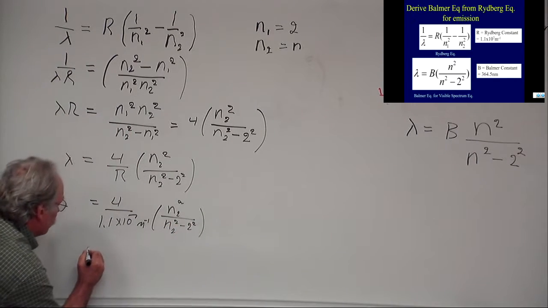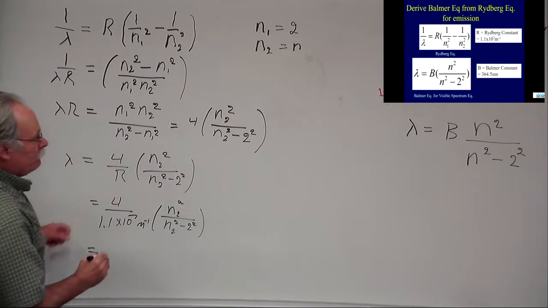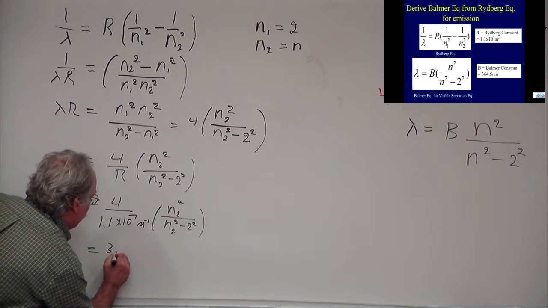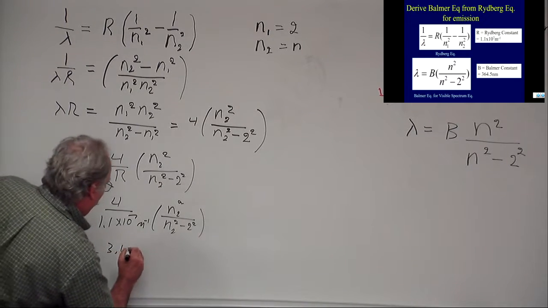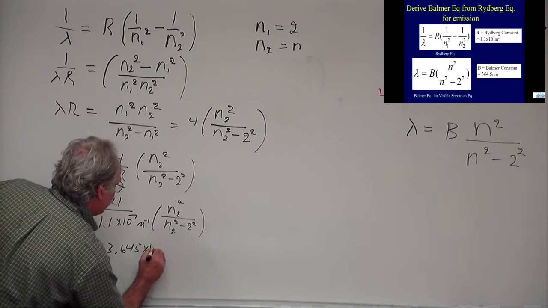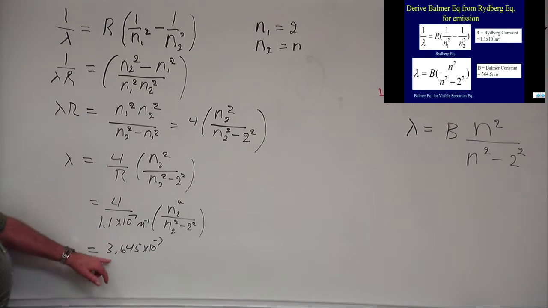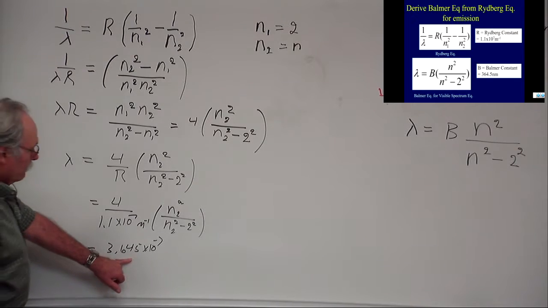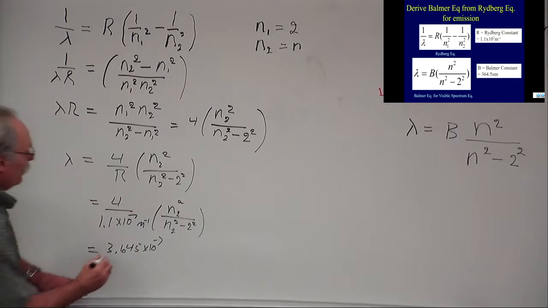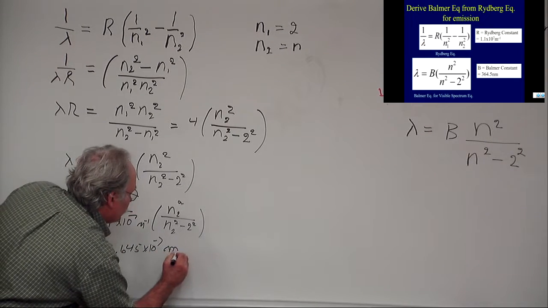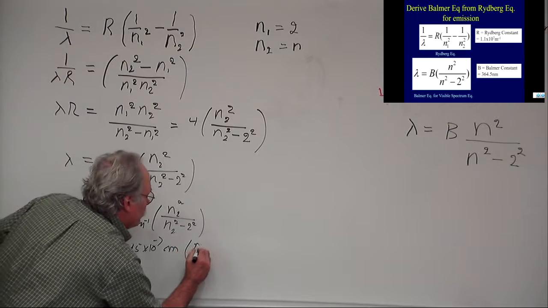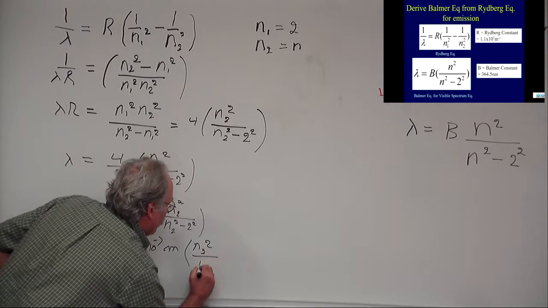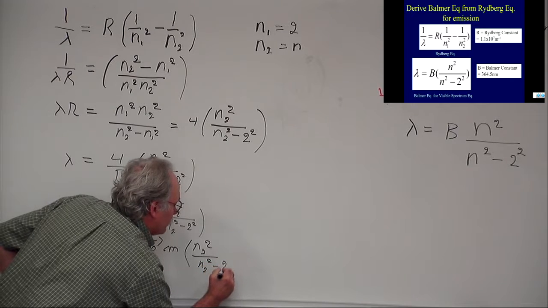And this is equal to the value of B, which is 3.645 times 10 to the minus 7 meters, which is the same as 364 nanometers, times n2 squared over n2 squared minus 2 squared.